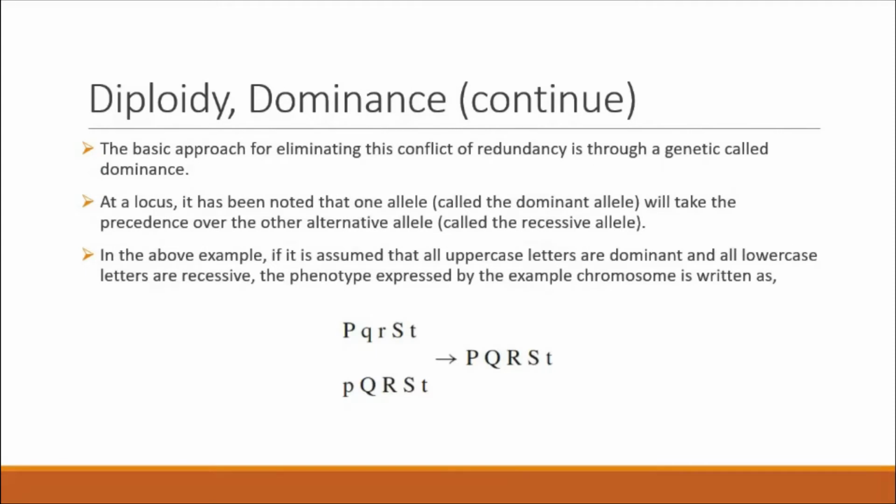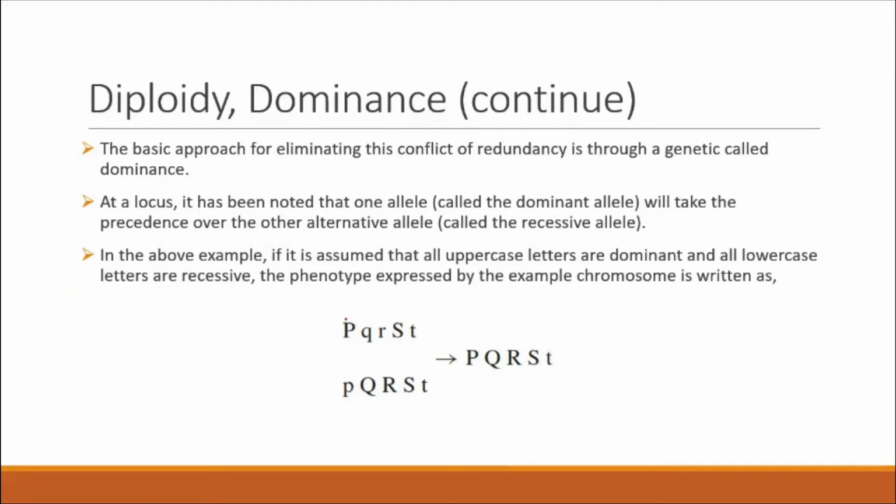So in that case, the basic approach for eliminating this conflict of redundancy is through a genetic concept called dominance. The concept of dominance comes up where there is a conflict in the case of diploidy, or diploid type of chromosomes. At a locus, it has been noted that one allele, called the dominant allele, will take precedence over the other alternative allele.